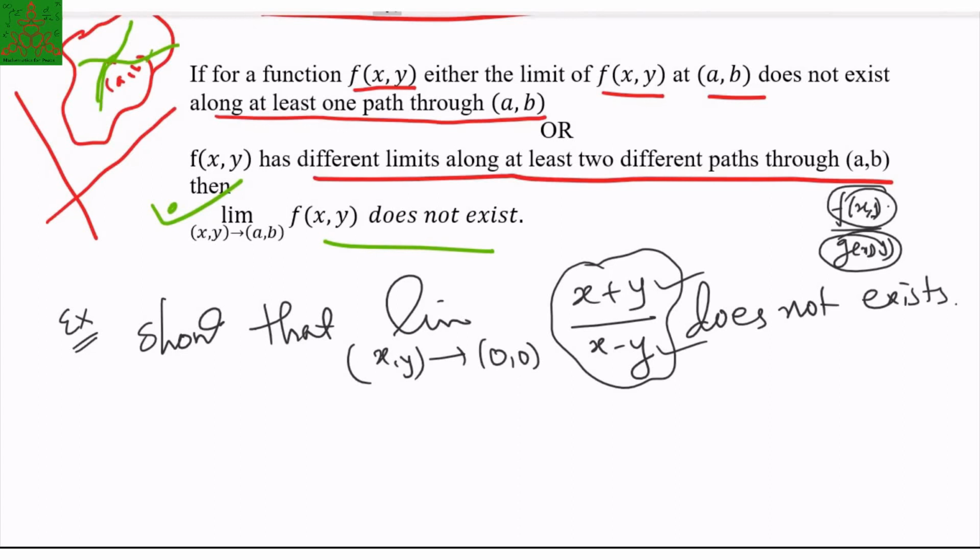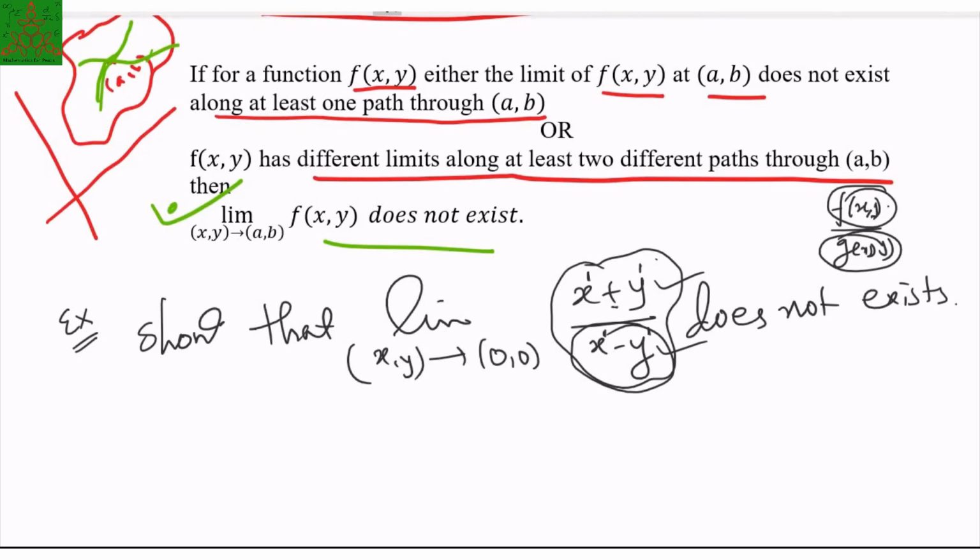If the degree is the same, or the denominator has the higher degree, for example here the degree of x is 1, here also 1, so the total degree is 1 by 1, then whenever such a situation is there, the limit does not exist.